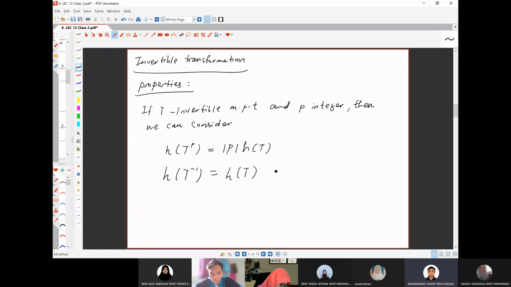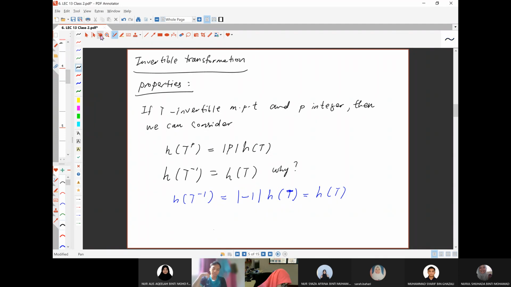Why? Because you bring this out, and you put the minus 1. There is a modulus in front, so it becomes 1.